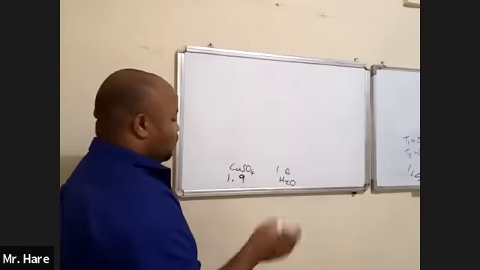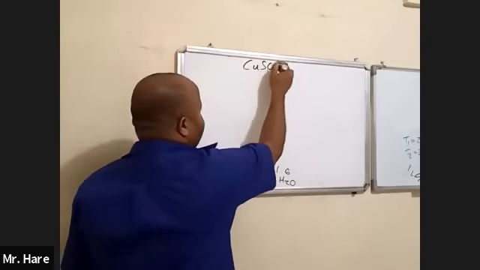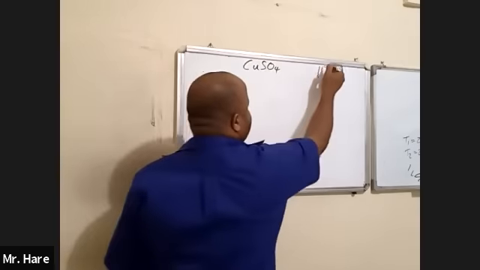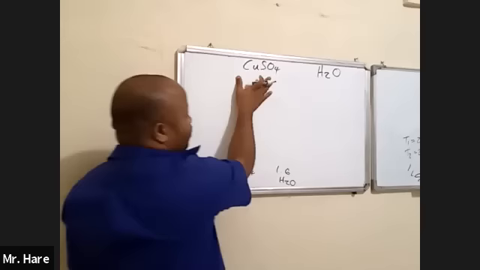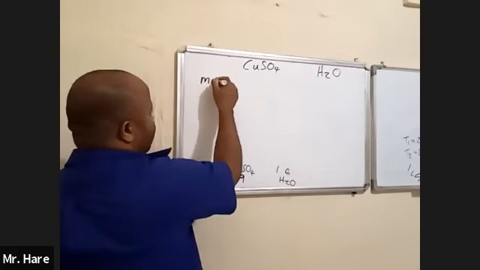All right, so once you get the mass of the anhydrous salt, which was copper sulfate, you're going to do this. So you will have copper sulfate and water. We're going to calculate the moles of each of them.